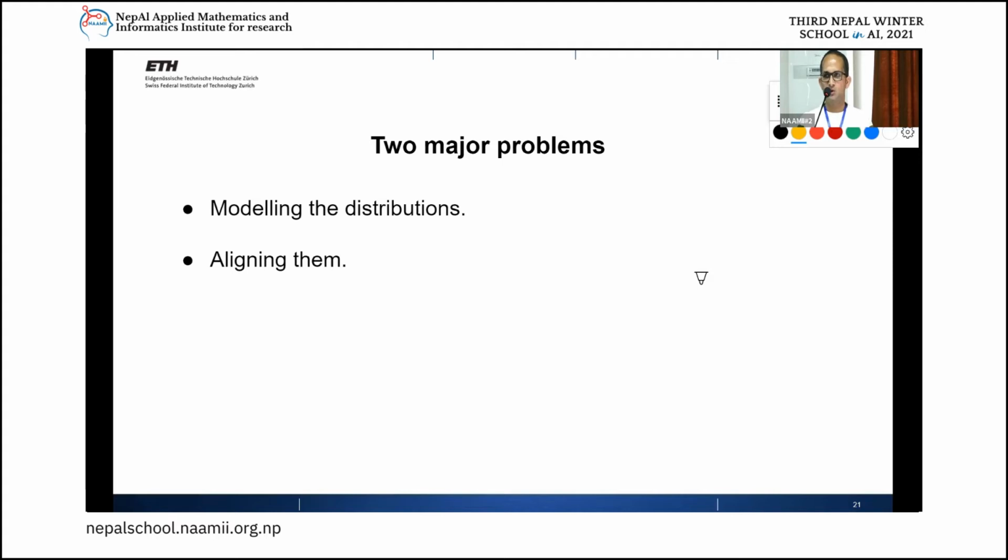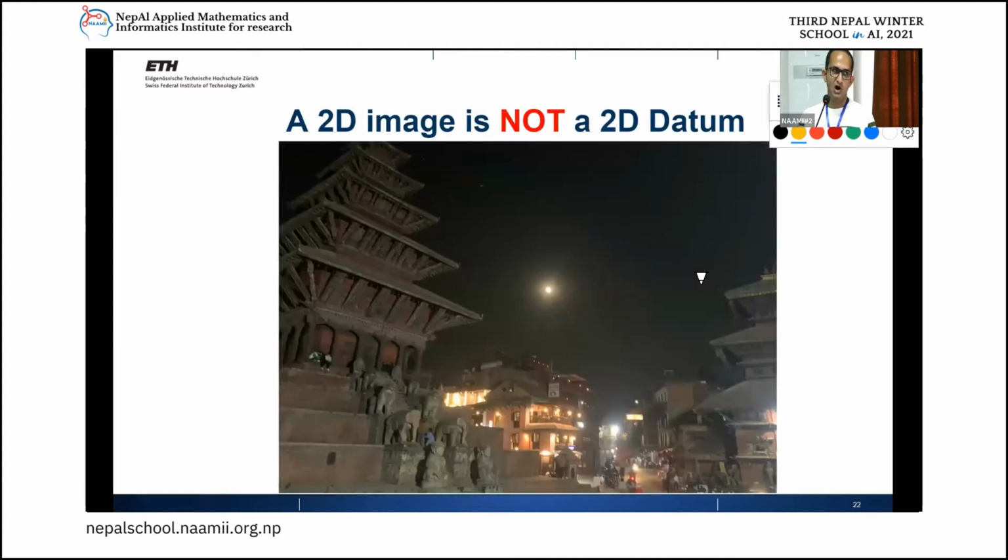And once you model those distributions for different domains, and if you can find a means of aligning them, then you can also transfer the knowledge across domains. But unfortunately, a 2D image is not a 2D point, just like the examples I gave you before. So that's why there are going to be quite a lot of complexities that we will face.